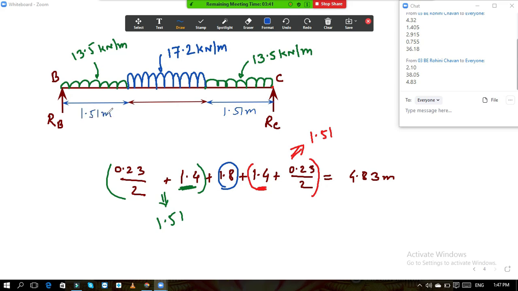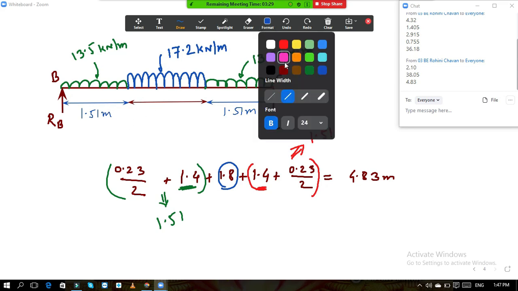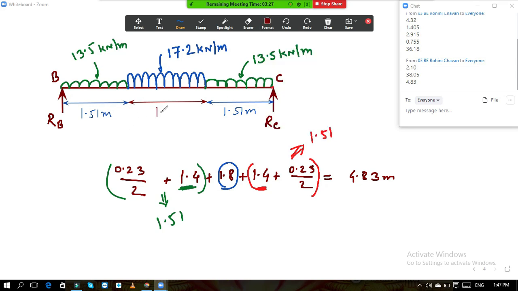So what was remaining now? It is 1.8 meter. So this is our diagram.